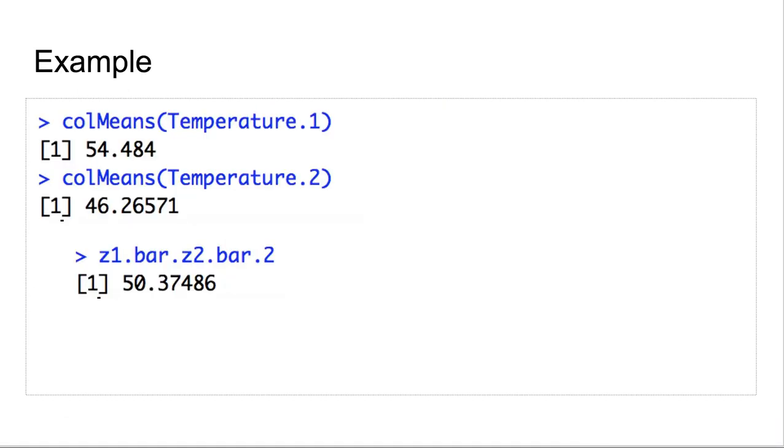Here is how we want to use R to calculate that. Because we have already got the z-score for temperature 1 and temperature 2, it's very easy to calculate the mean for both, and easy to calculate half of z1 bar plus z2 bar. And over here, we can see that z1 bar is larger than z2 bar.